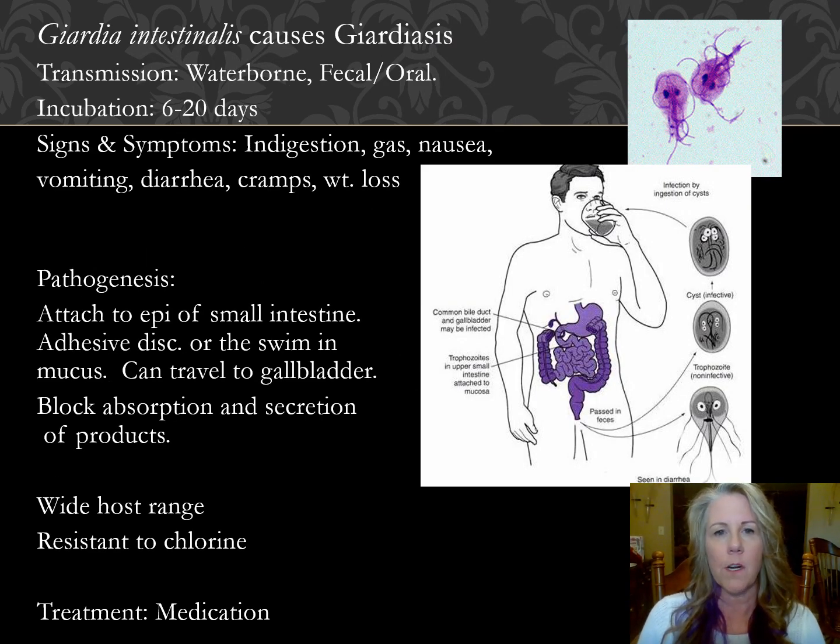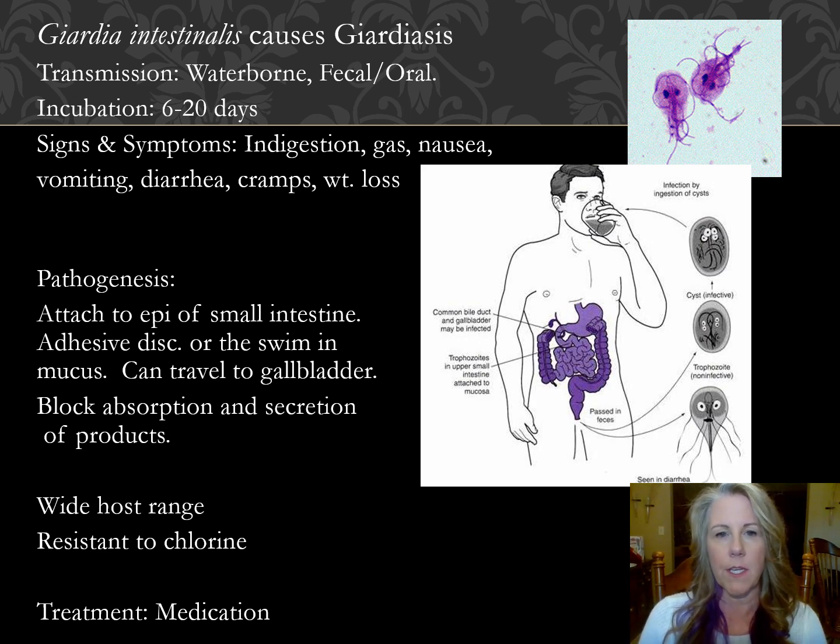The next organism we're going to learn about is Giardia intestinalis, which causes giardiasis. Now, an older name for this was Giardia lamblia, but they have since changed it to intestinalis. Now, transmission. The transmission of this protozoa is waterborne. So it's fecal oral, but fecally contaminated water is the most common type of transmission.